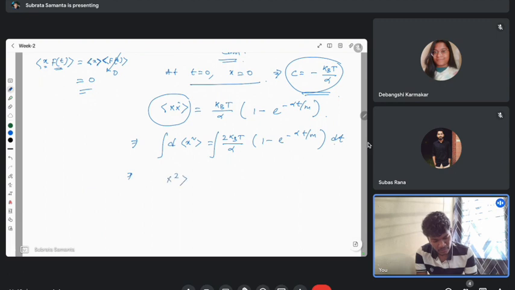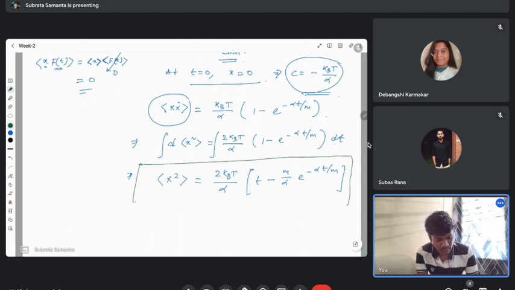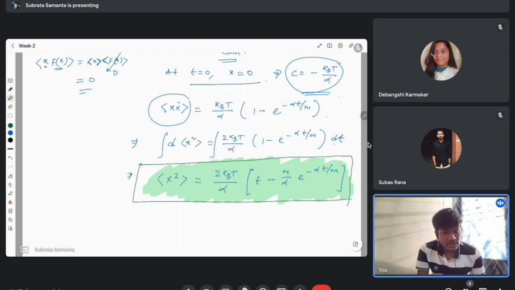We get x square average equals 2 kVt over alpha times, integrating over time, t minus m by alpha e to the power minus alpha t by m, right? So this is a general expression for the x square average.